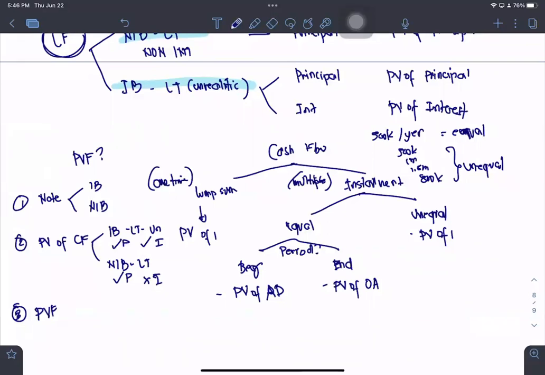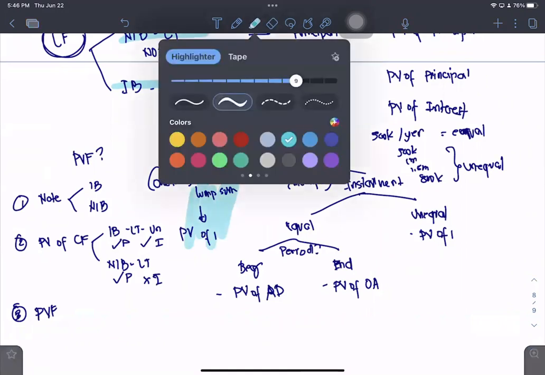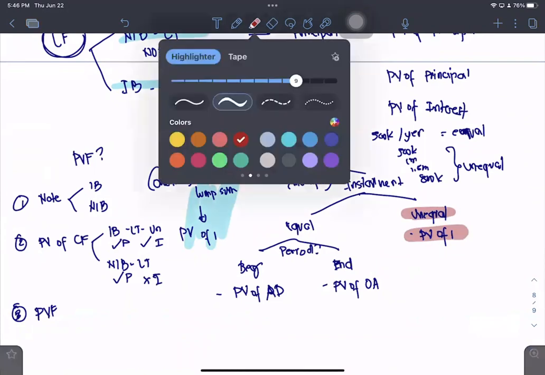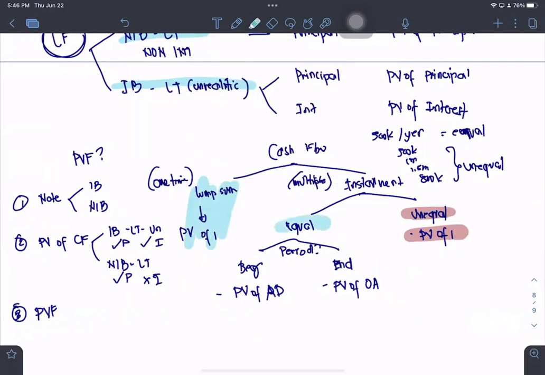And we said, if it is lump sum, PV of 1. If it is installment, unequal, PV of 1. If installment, equal, and made at the beginning of the period or end of the period, you will use present value of annuity due of 1 or ordinary annuity.